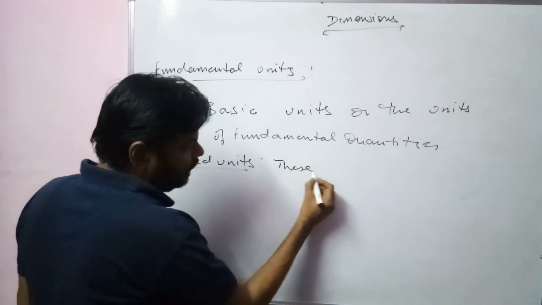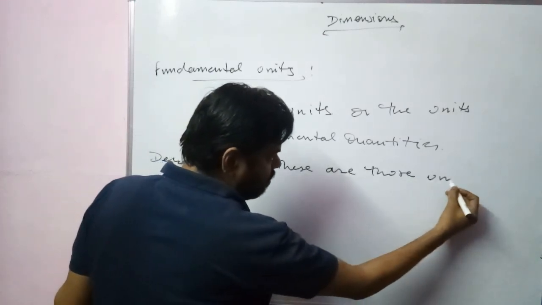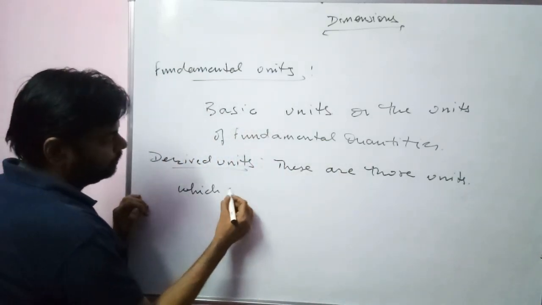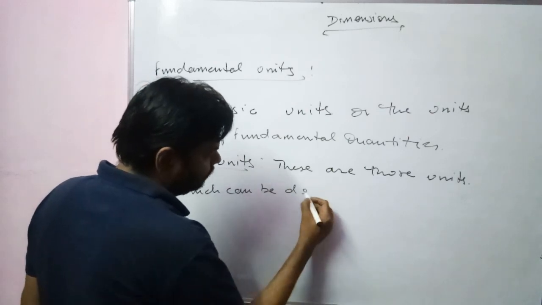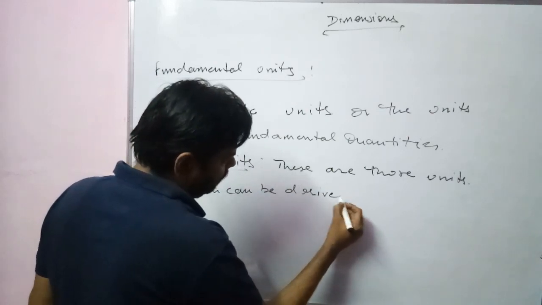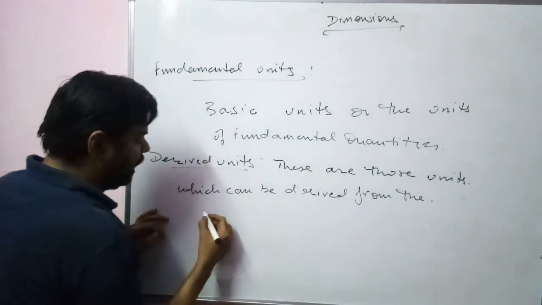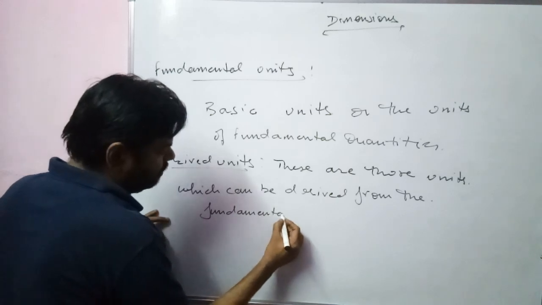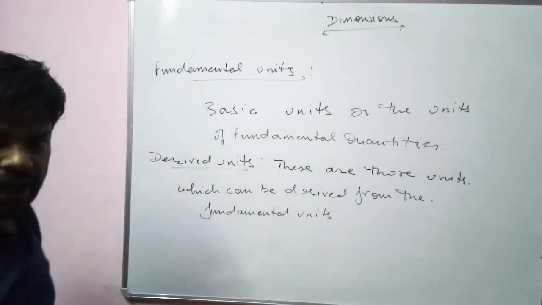Beta, these are those units which can be derived from the fundamental units. So what are derived units?